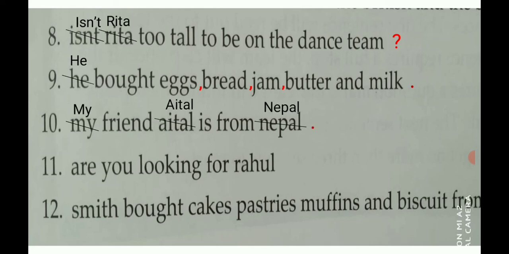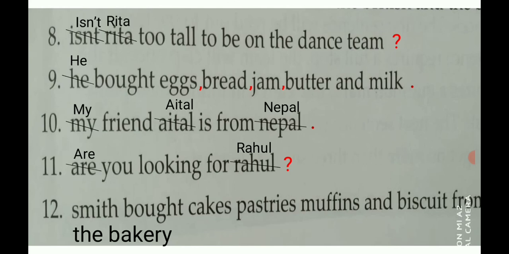Are you looking for Rahul? Here the first letter of are will be capital and the first letter of Rahul will be capital, and then we will put a question mark.